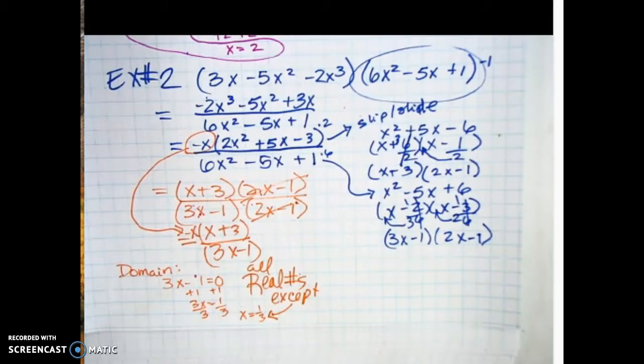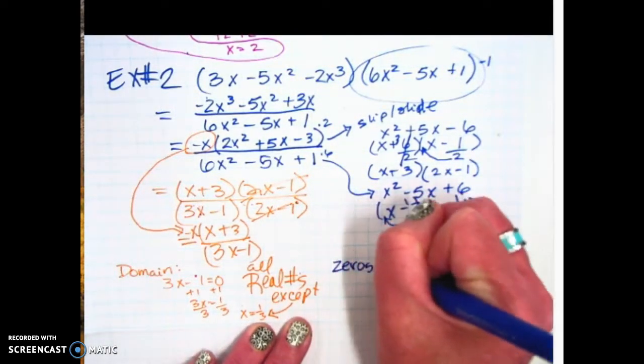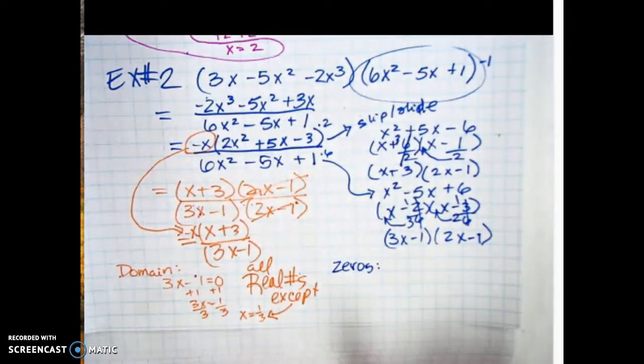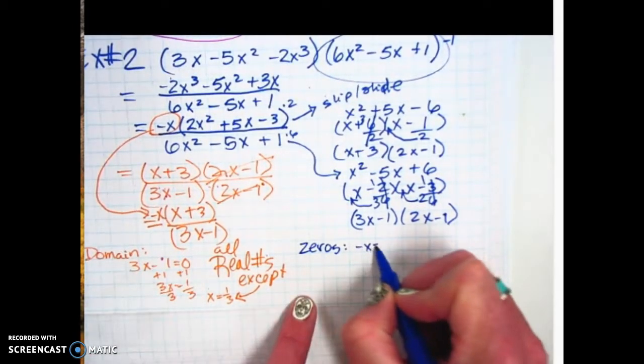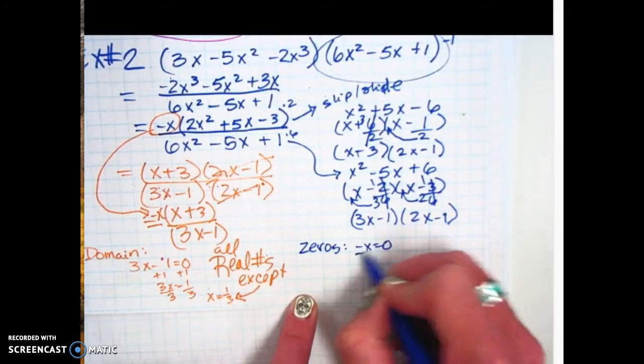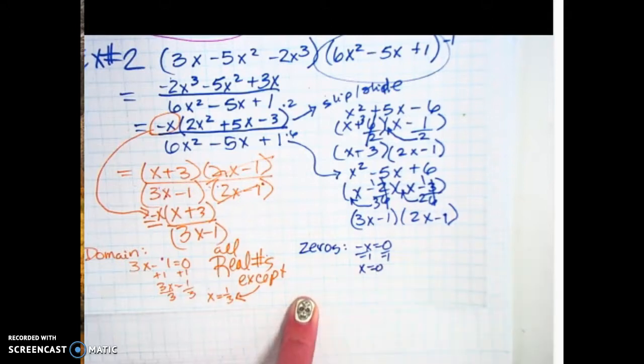And then the zeros had to do with the numerator. So negative x equals 0 at 0, because even if you divide it by negative 1, you still have 0, right?